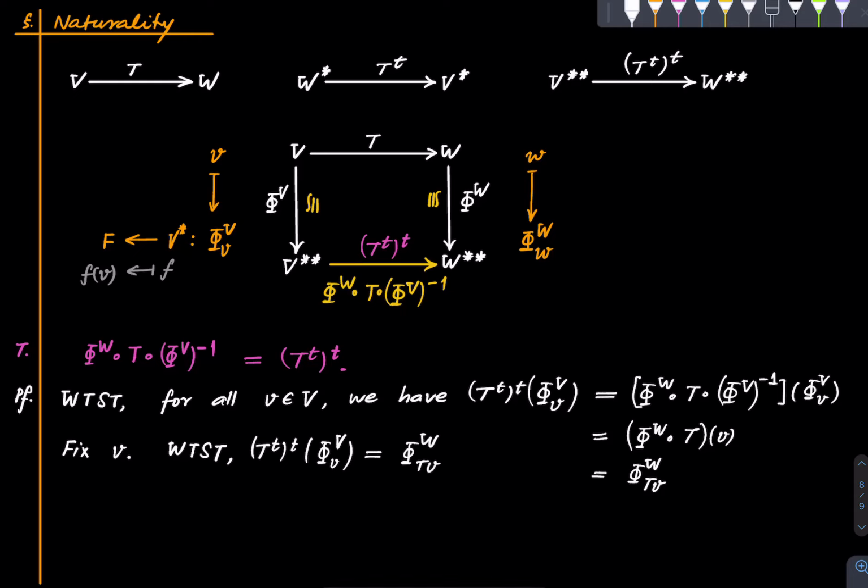And to do this, let G be in W star. We are just reducing our wants to something simple. We want to show that T transpose phi V of V, applied to G, equals this.